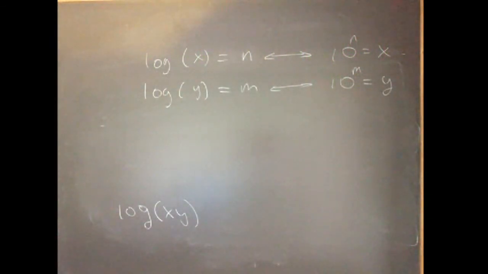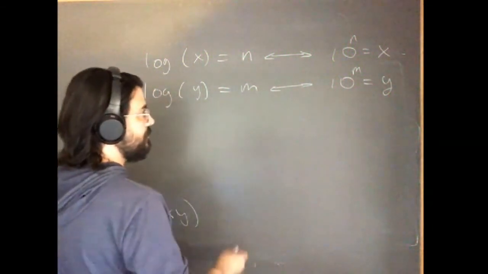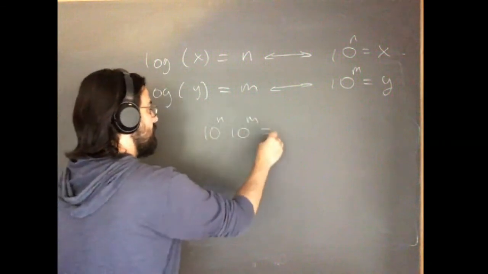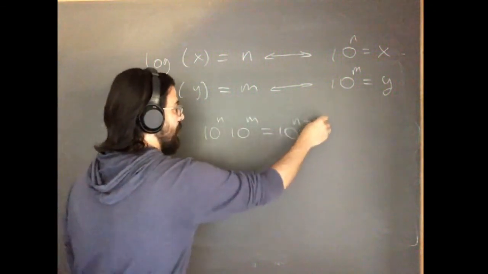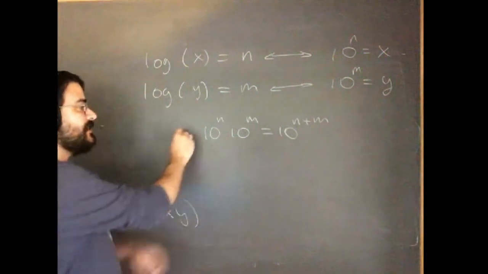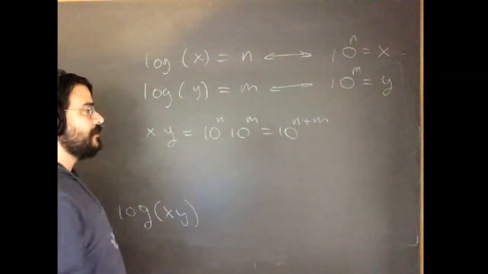And from there, let me just point out a familiar fact that we had from exponents. So if we get 10 to the n times 10 to the m, this is the same thing as 10 to the n plus m. Okay? And 10 to the n is x, and 10 to the m is y.